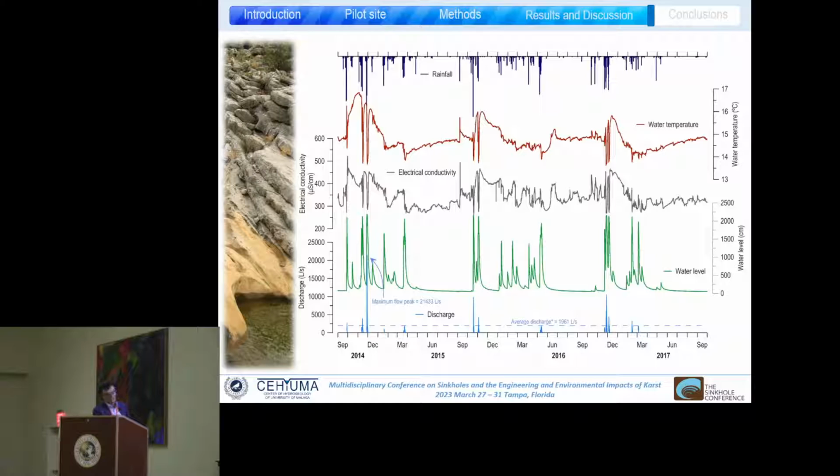Then the situation becomes contrary during the depletion curve. We can see the increase in the electrical conductivity and in the temperature.